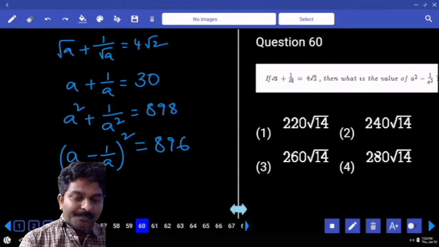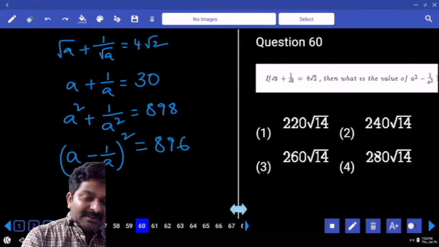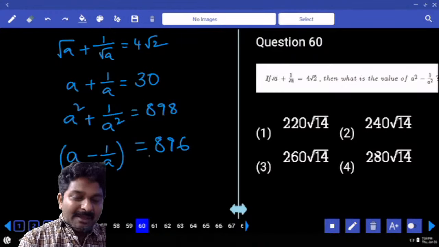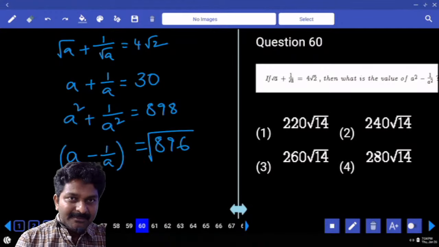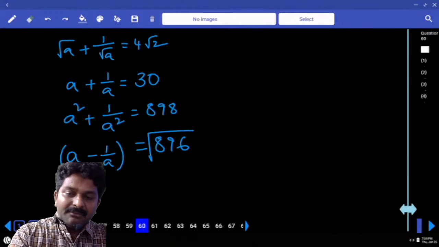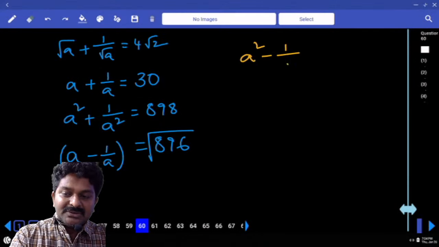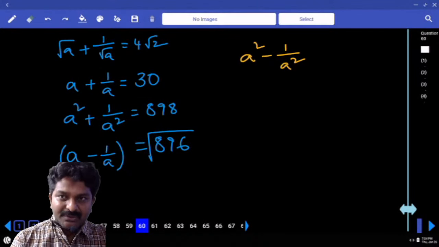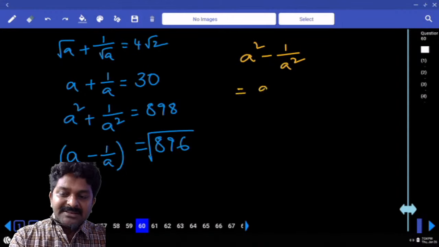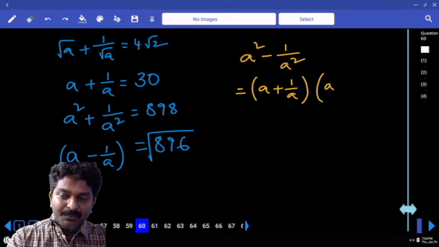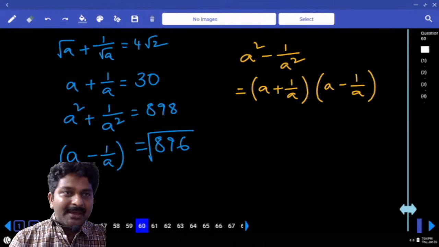The left hand side we can write as a minus 1 by a whole square. From this, if you want to calculate a minus 1 by a, that is under root of this number only. But we were asked to calculate a square minus 1 by a square. Can we write it as a plus 1 by a into a minus 1 by a?